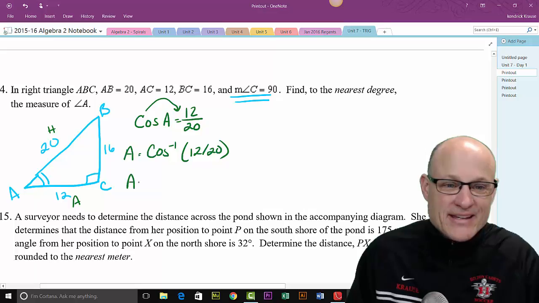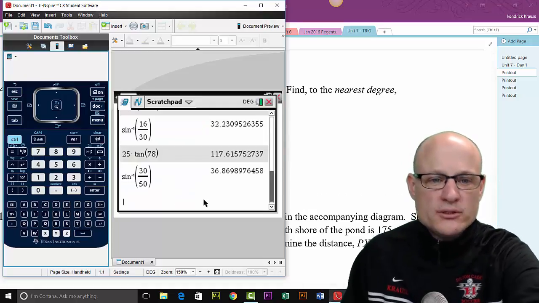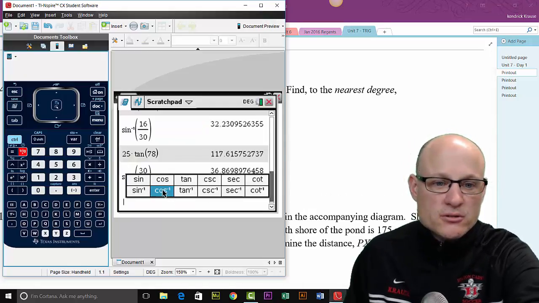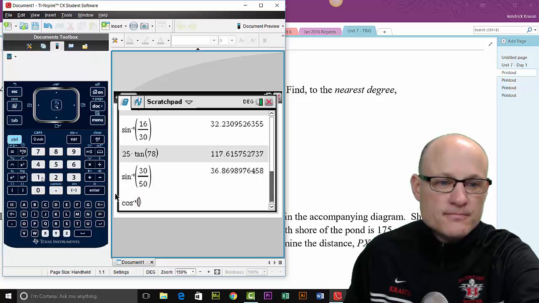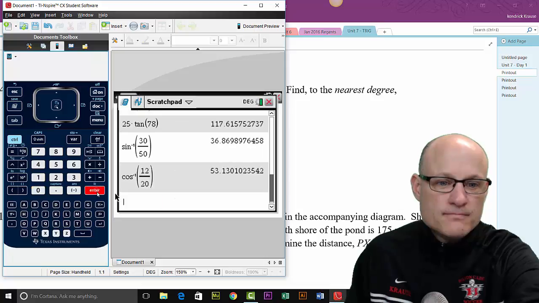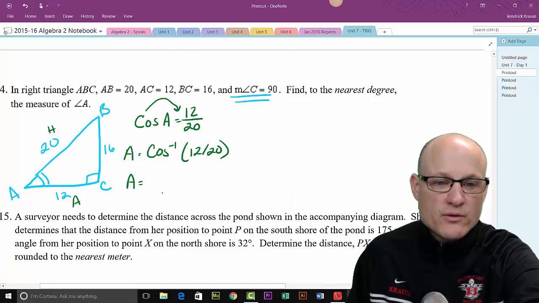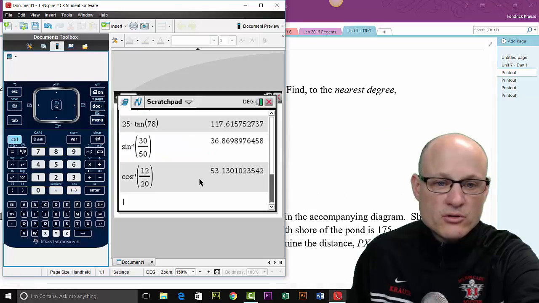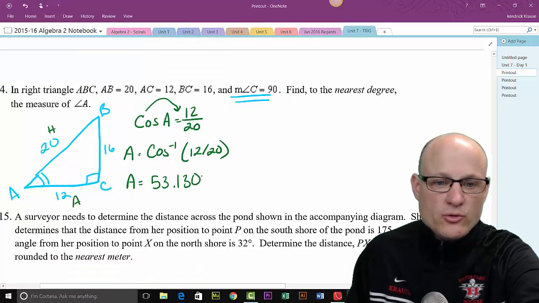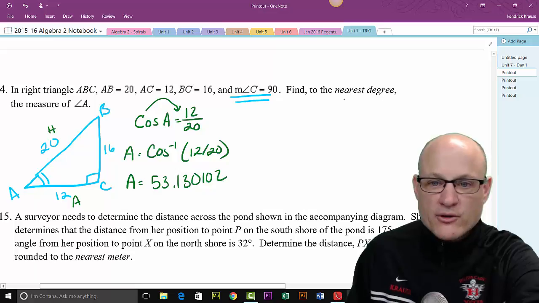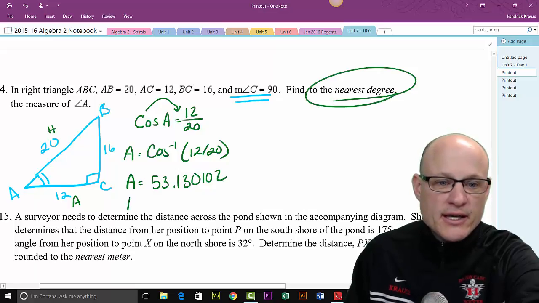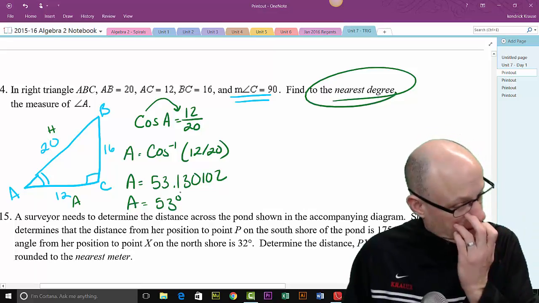Or A is equal to 53.130. Round to the nearest degree. A is equal to 53 degrees.